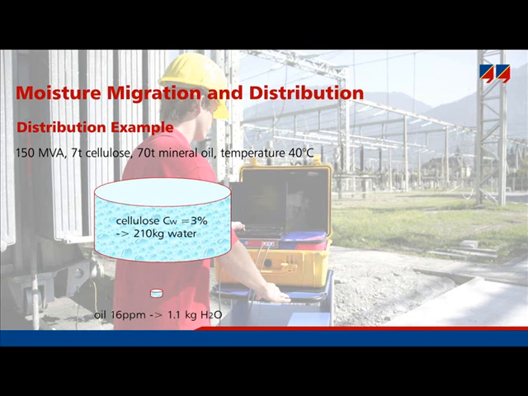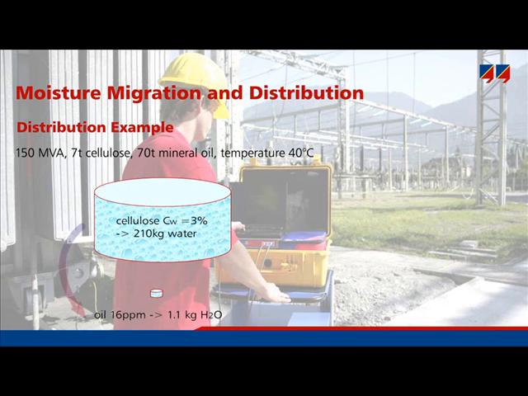The oil will contain only 1 kilogram of water, although there are 70 tons of oil inside. Because of its molecular structure, oil can take up only small quantities of moisture. So, if one wants to dry a transformer, it is obviously not appropriate to dry the oil, because drying the oil will remove only 1 kilogram. It is the cellulose that needs to be dried.